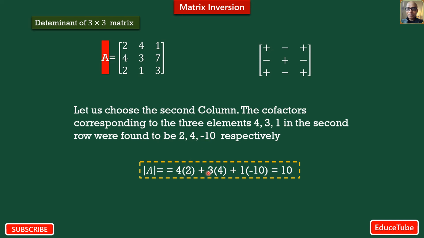So we are multiplying these and we got 10. So as I told, whether I take a column or a row, whatever I take, the determinant will always be the same.